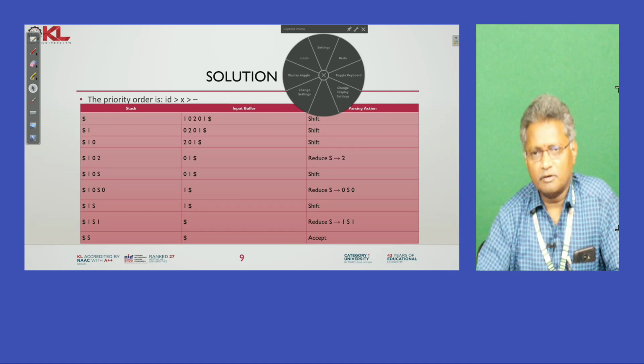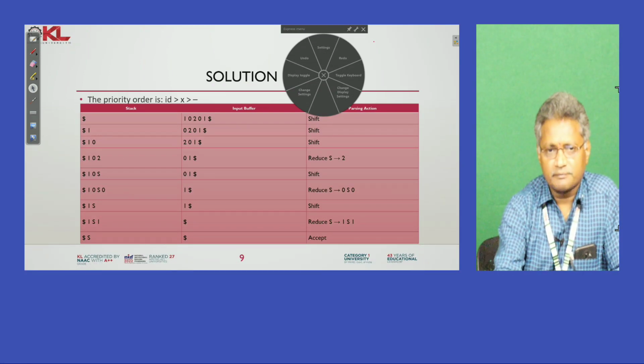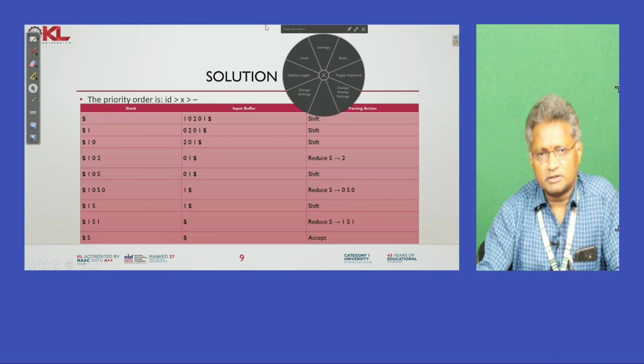This can be derived by using the following procedure. The first column is stack, the second column is input buffer, and the third column is parsing action.